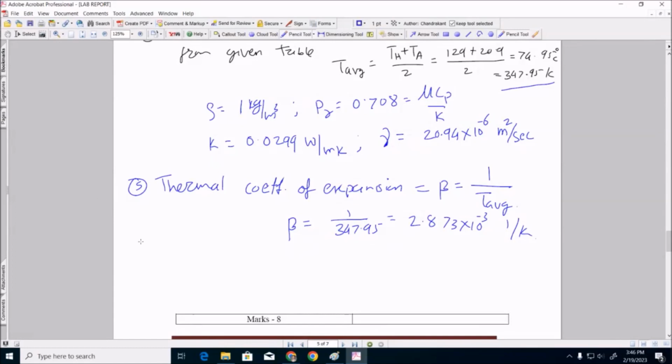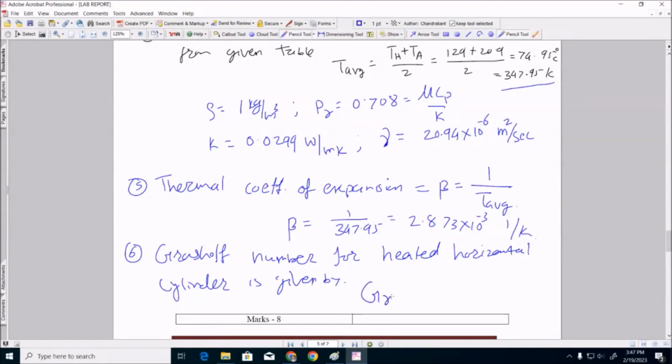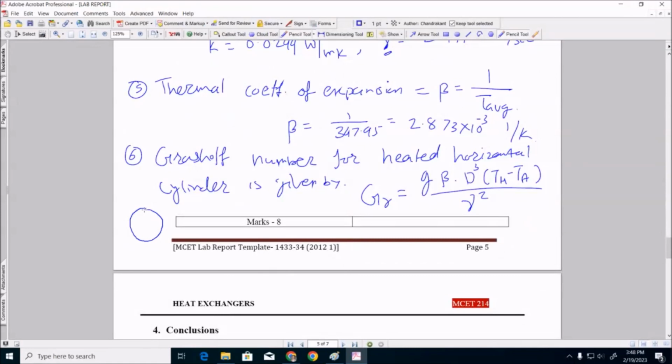So number 6, Grashof number for a heated horizontal cylinder is given by Grashof number is equal to G beta D cube (TH minus TA) divided by nu square. Why I choose D here, I explained before. If this is a circle, heat will flow like this, and this is a boundary layer separation.